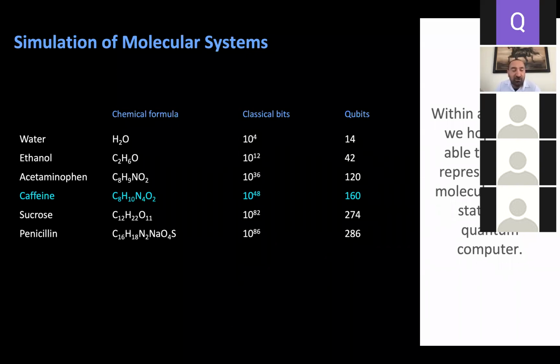So why do we do this? Because, for example, if we look at pharmaceutical companies, as I mentioned before, they make up new molecules most of the time. These new molecules are candidates for new drugs.